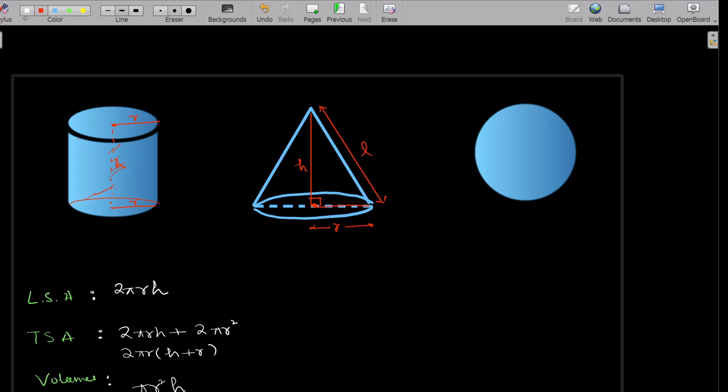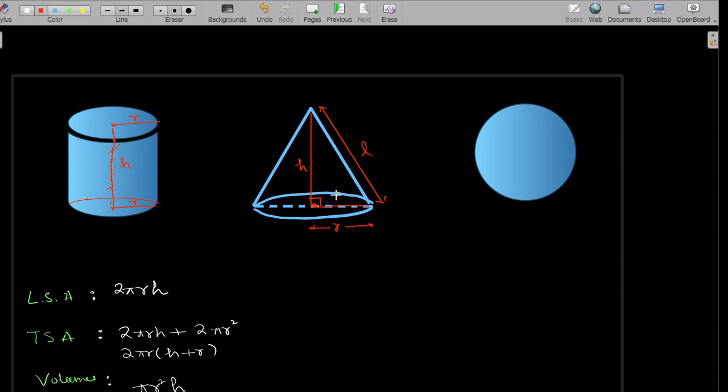Yes, so in cone, Anika, we need three dimensions: the radius of the base, the perpendicular height, and the slant height. And the lateral surface area of a cone is given by, do you know that? Would it be the height?